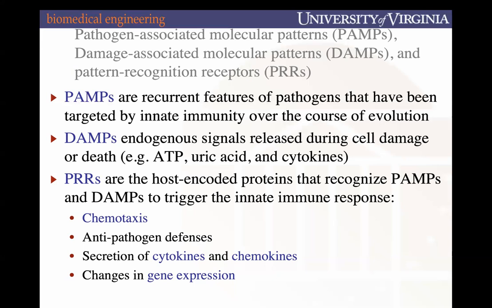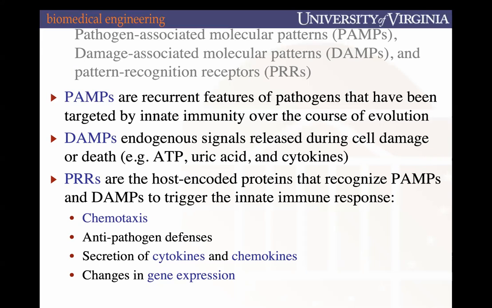So there are some pattern recognition receptors that'll induce chemotaxis for a cell to move and follow some sort of pathogen. On the pre-lecture, there was a really cool video of a neutrophil going in and following around a pathogen. That involved the engagement of a pattern recognition receptor that was driving that neutrophil to undergo chemotaxis, movement to follow that attractant.